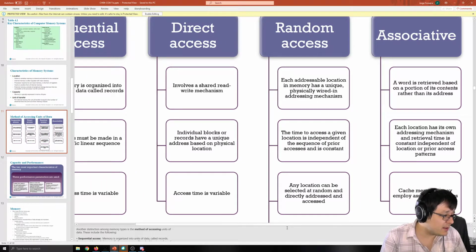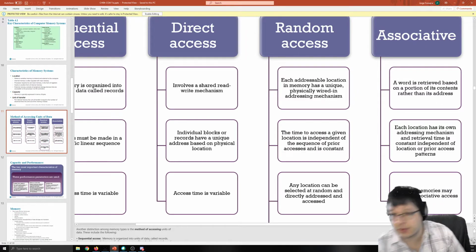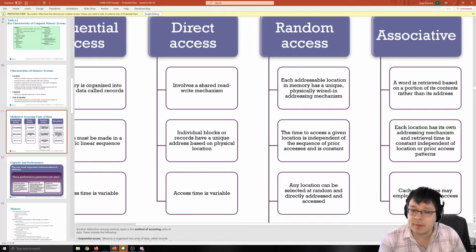Associative is a little bit weird in how it works, and the book does not do the best of jobs explaining it, and I don't know if I can do better. But it's kind of like RAM in the sense that the time is constant to access things. So there's no physical movement. What uses it is cache; it may use it, but it doesn't have to.